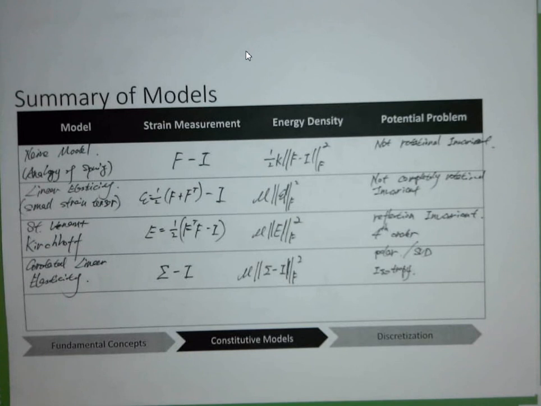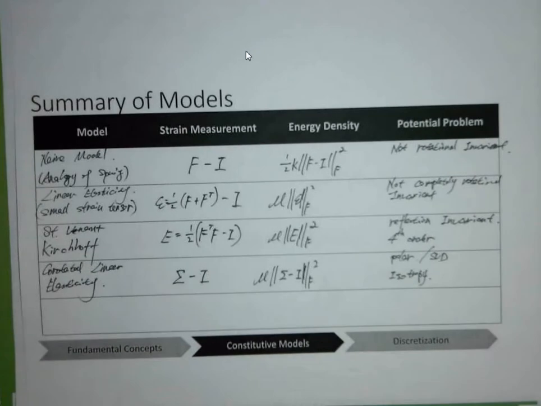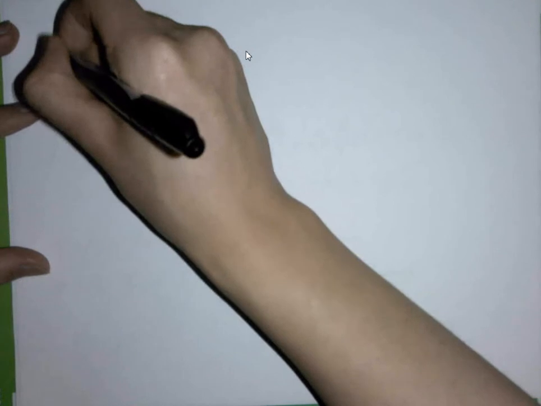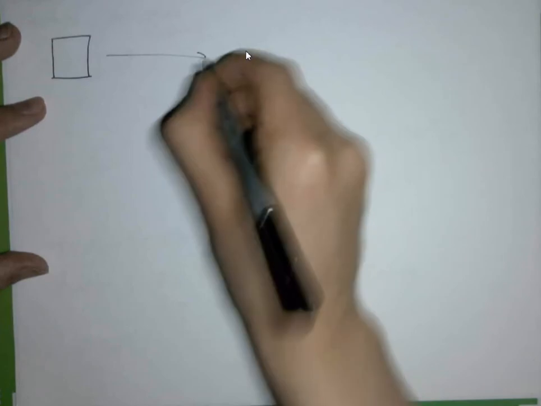So it has the property that it wants to go to the rest position. And also another one is, think about this. If I have a model under two kinds of deformation gradient.